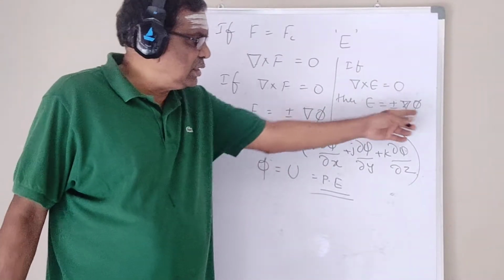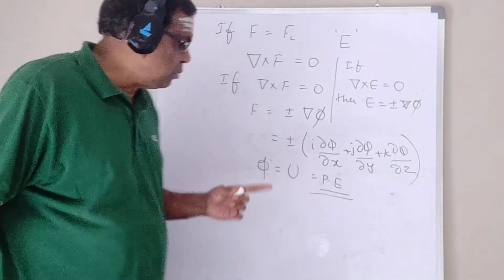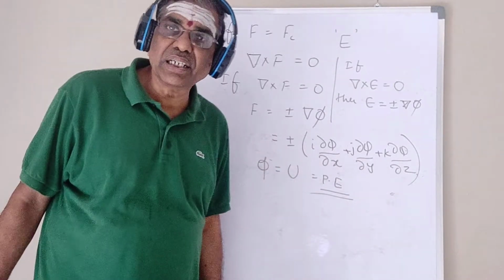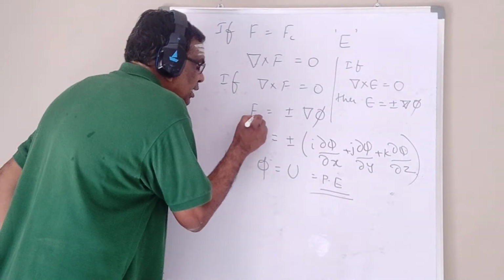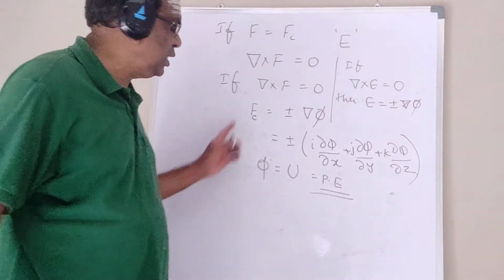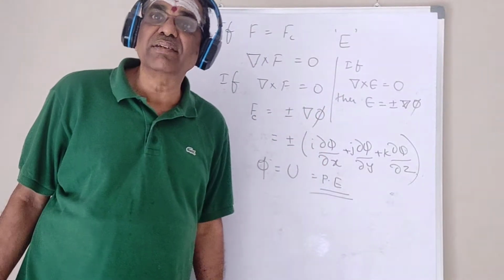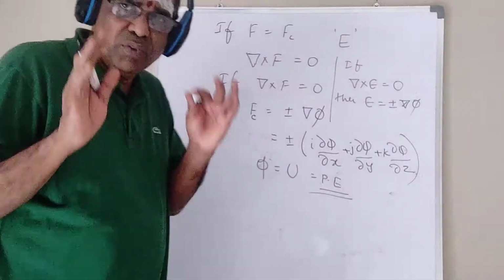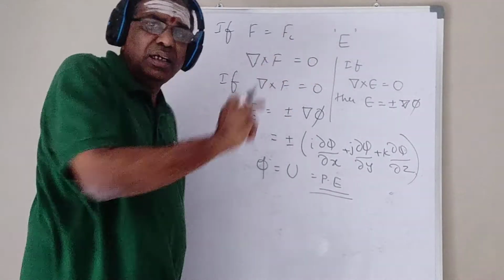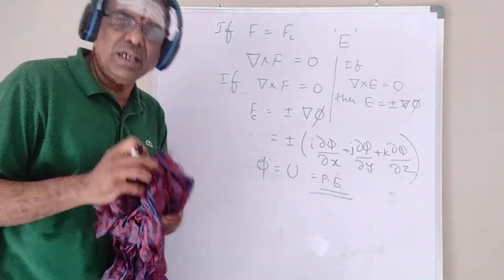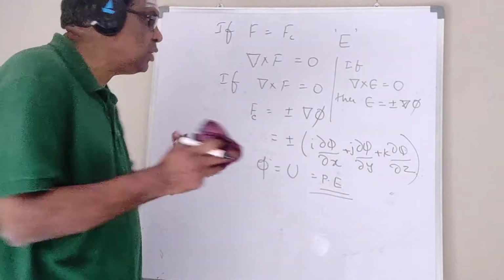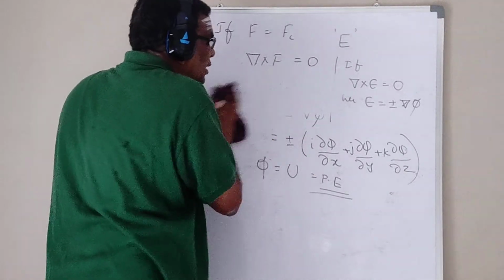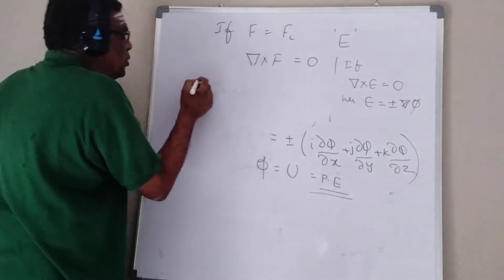It all depends on this relation between these two. But the moment I talk of F, this is bound to be potential energy. And that is why this is possible only if the force is conservative. So what is the condition for the force to be conservative? Curl F must be 0. Curl is a concept beyond your comprehension at this stage. But what this actually means, I'll give you.